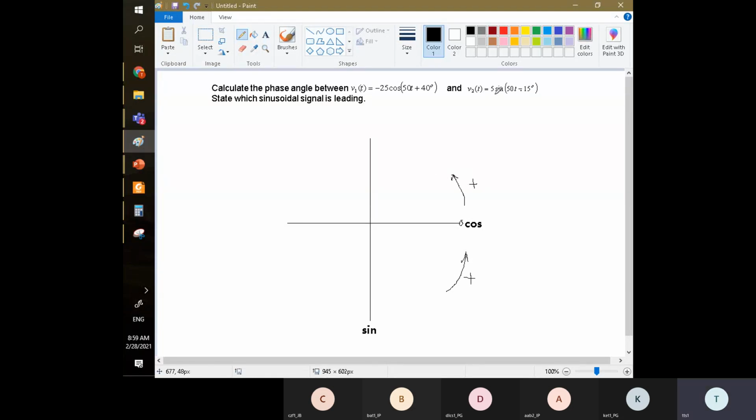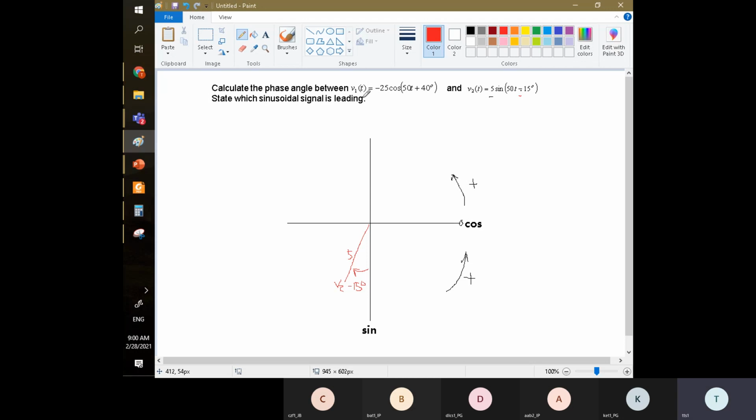This is the amplitude. So I use a red color here. Let's say the length here is the amplitude. And here we go in this direction. This direction is minus 15 degrees, going this way because it's minus. Minus is going clockwise. Okay, so this is our V2. V2 is simple, right?